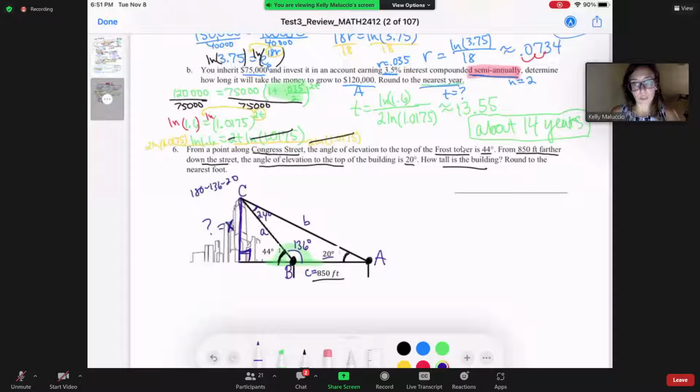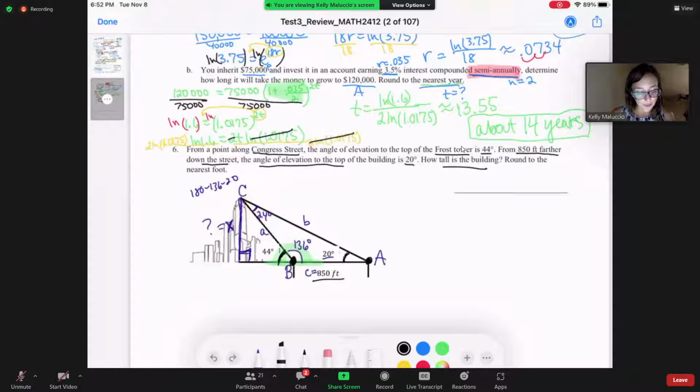I mean, we're getting somewhere maybe, but if we knew this whole angle up here, we could subtract the 24 and get this angle in here and do maybe some type of right triangle thing. But again, we don't have any sides of that triangle.